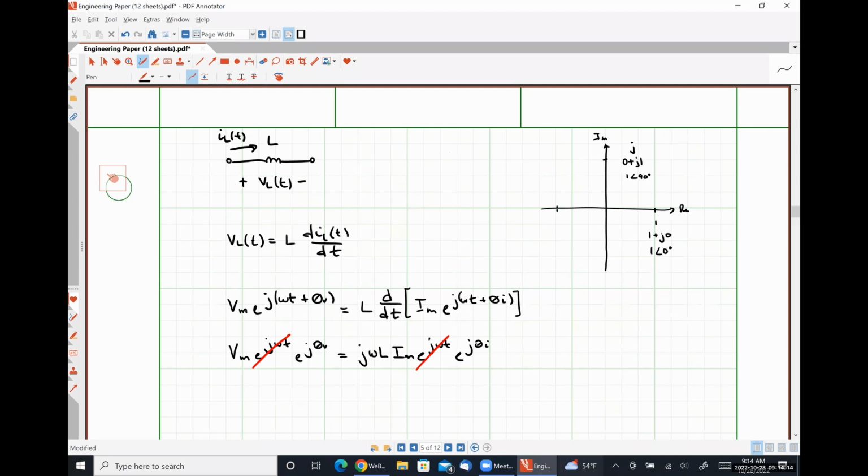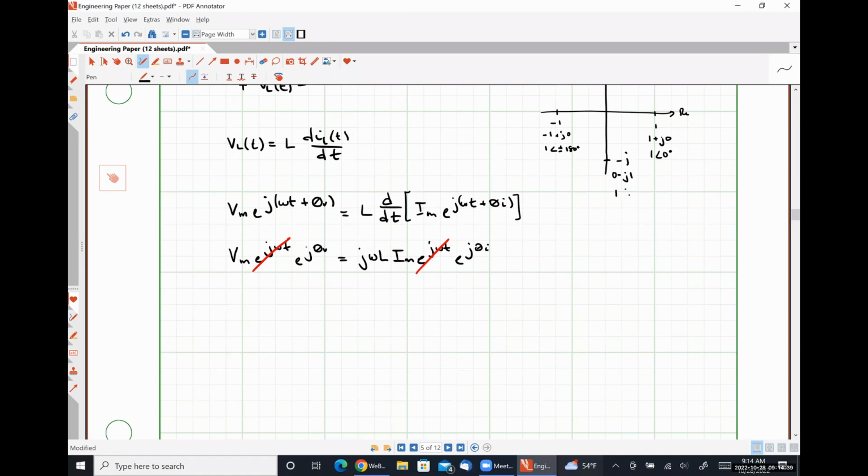If I go out 1 unit in the negative real direction, I'm at -1, or -1 plus j0, or 1 angle plus or minus 180 degrees. And lastly, if I go out 1 unit in the negative imaginary direction, this is -j, or 0 minus j1 in rectangular form, or 1 angle -90 degrees.